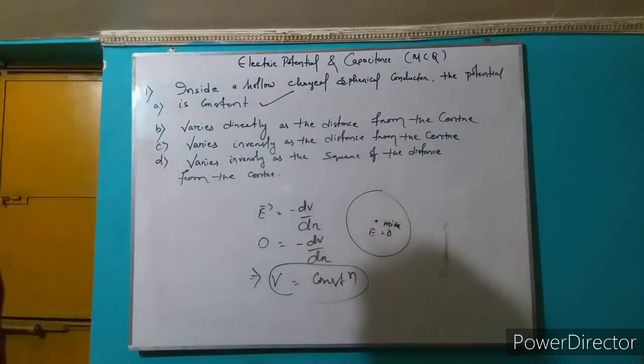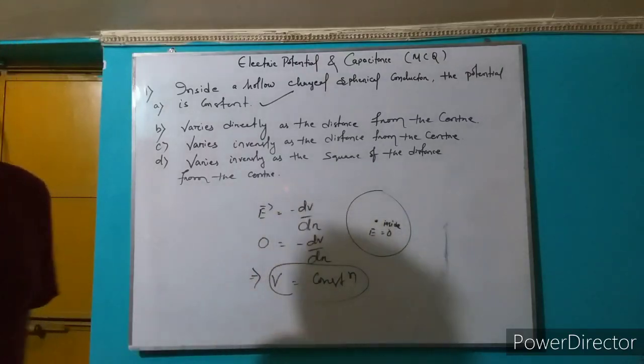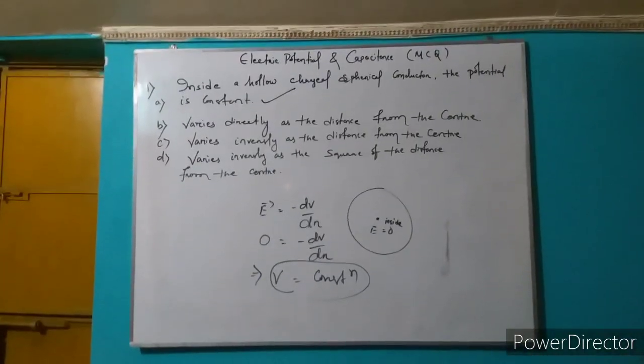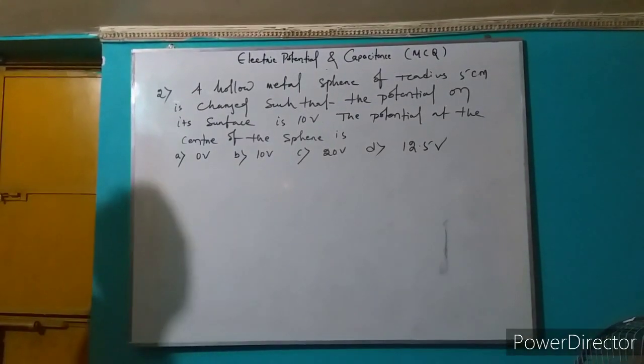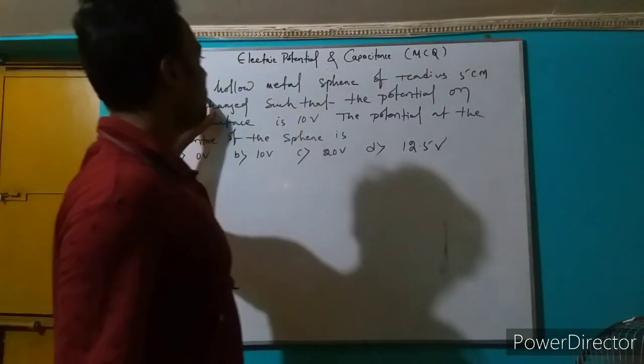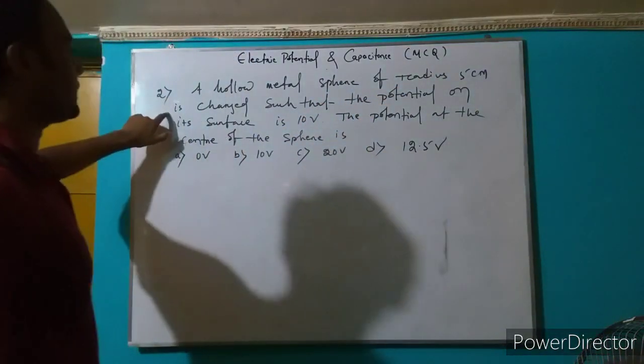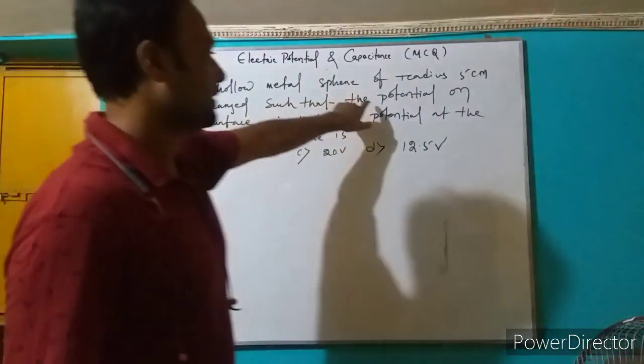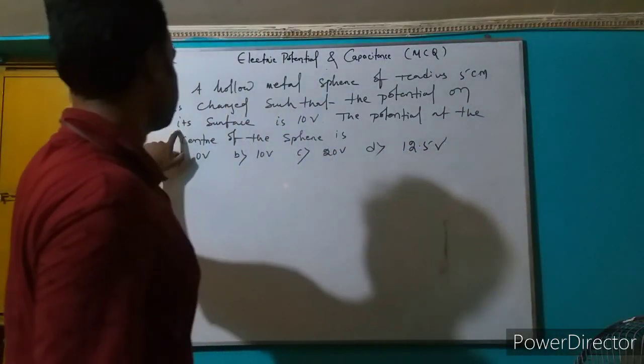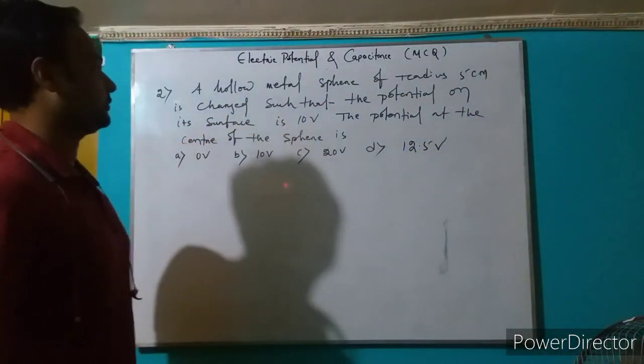Now, my second question is: a hollow metal sphere of radius 5 cm is charged such that the potential on its surface is 10 volts.